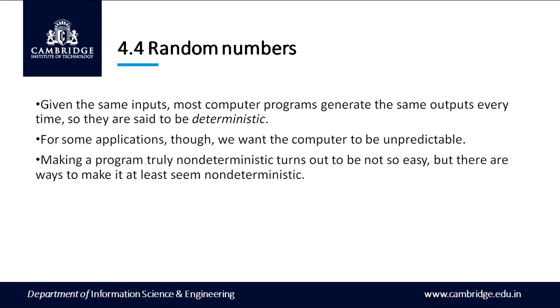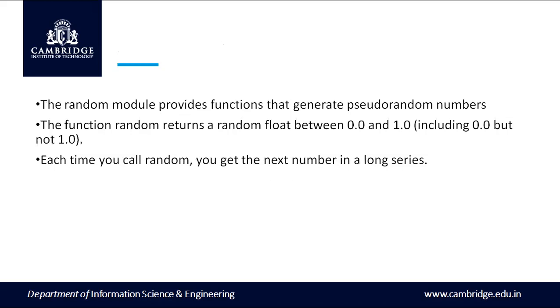Given the same inputs, we get the same outputs every time, so they are said to be deterministic. Sometimes if you want a non-deterministic answer, then we go for pseudo random numbers. That is the concept of random numbers, which cannot be predicted, which is unpredictable. Those numbers are known as random numbers.